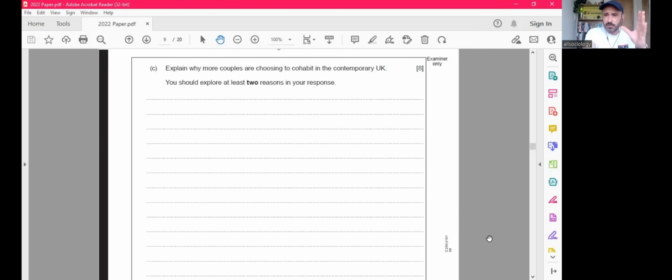Certainly there's not as much stigma as there used to be about living together without being married, or having kids without being married, without wedlock, those kind of things. Ultimately, we're going to be talking about the way that the stigma of living together without being married has declined massively. And also, I might mention in here that cohabiting families are the biggest or fastest growing type of living situations in the UK. So that's basically how I'd go for that.